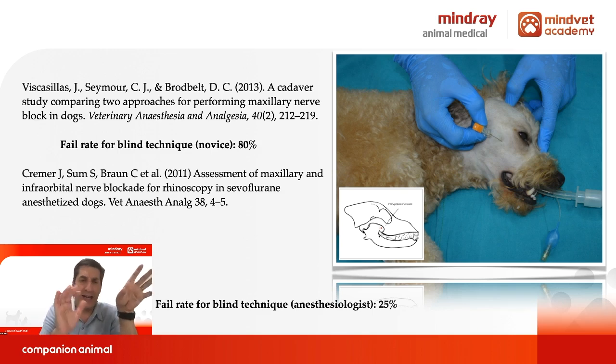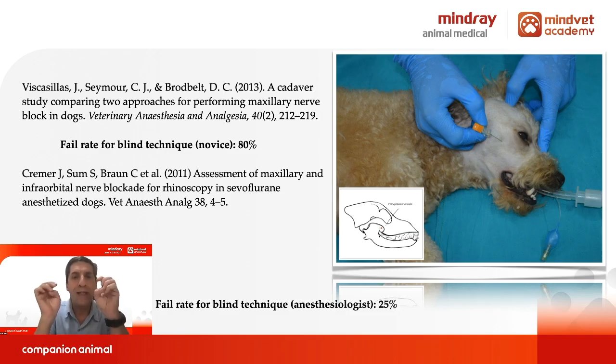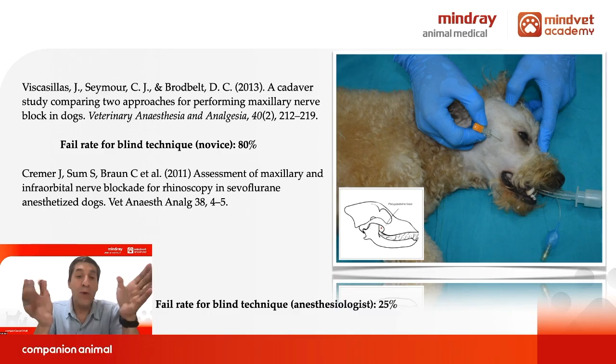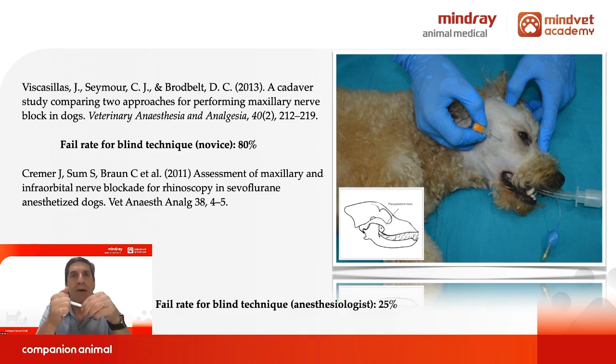First, again, we can perform the blocks using different techniques: blind techniques, nerve stimulator techniques, which is also a blind technique, and ultrasound-guided techniques. When we compare the efficacy of the different techniques, we realize the high failure rate of blind techniques.